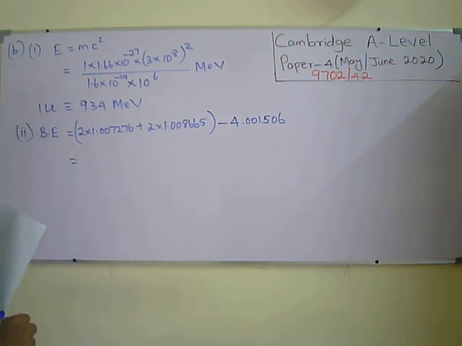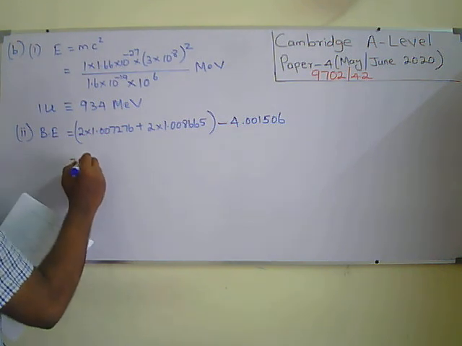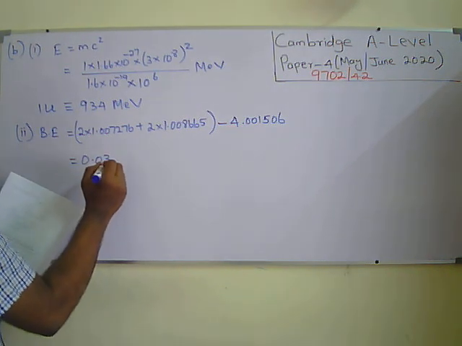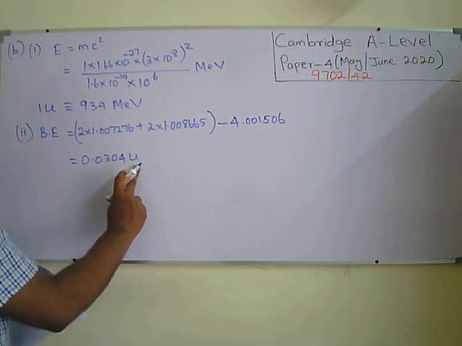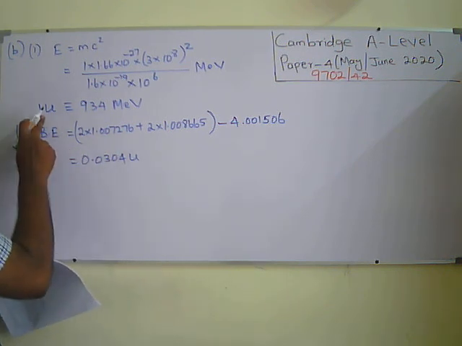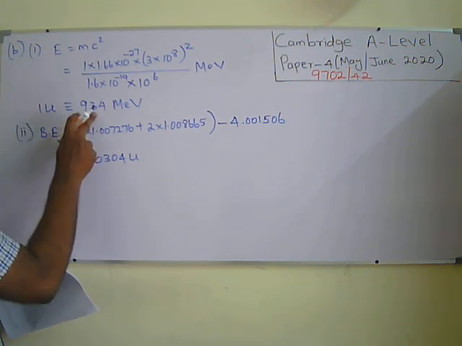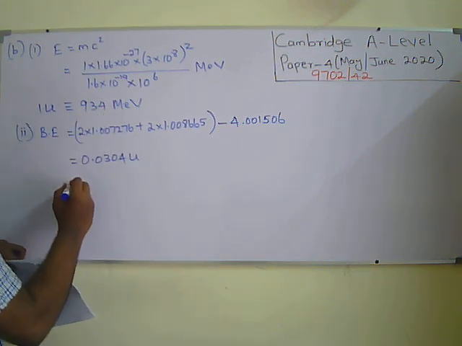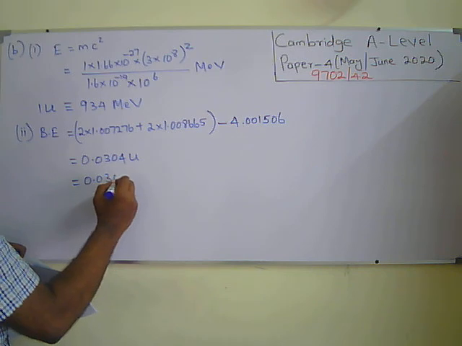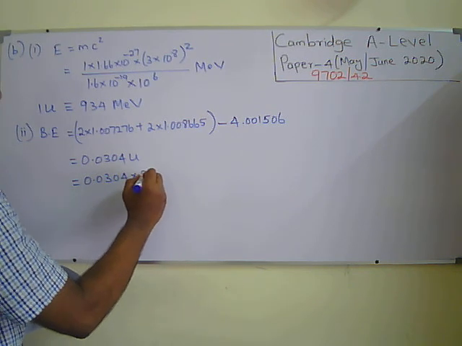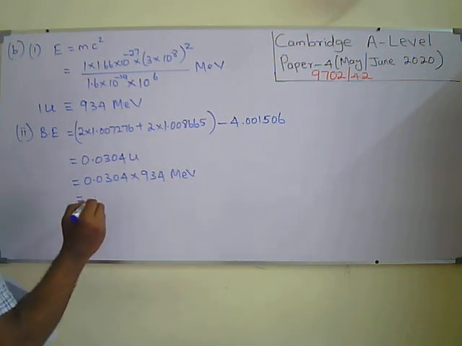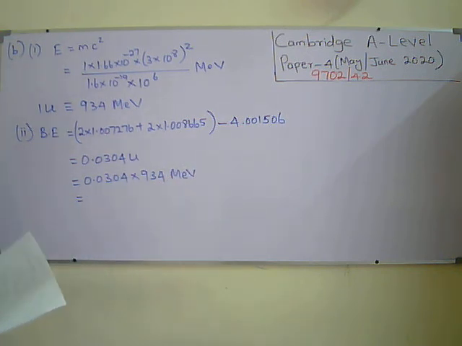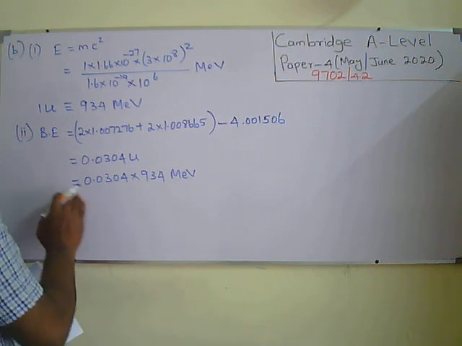So that is equal to, slightly approximated, 0.0304 u. But I know one unified atomic mass unit is equivalent to this energy. So 0.0304 into 934 mega electron volt. You will get the binding energy.